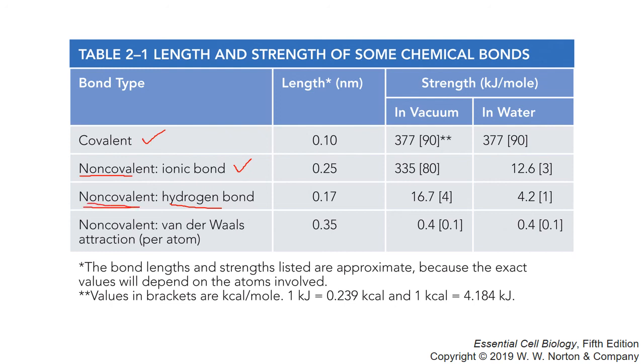And then there's another one. The fourth one we didn't really discuss. This one is also a non-covalent bond. It's called a van der Waals attraction. This one is usually a relatively weak, short range, electrostatic attractive force, and usually involves the interaction between uncharged molecules.